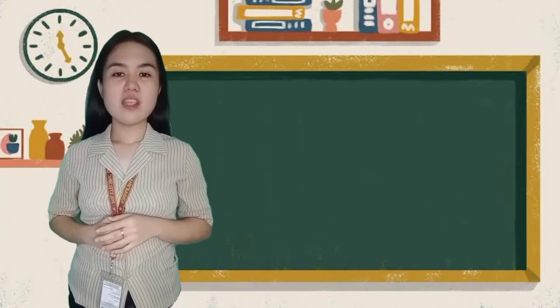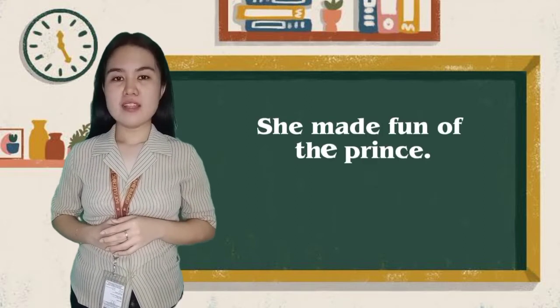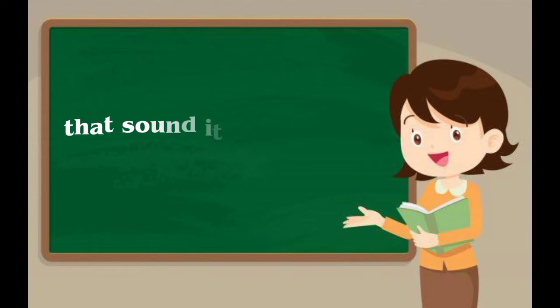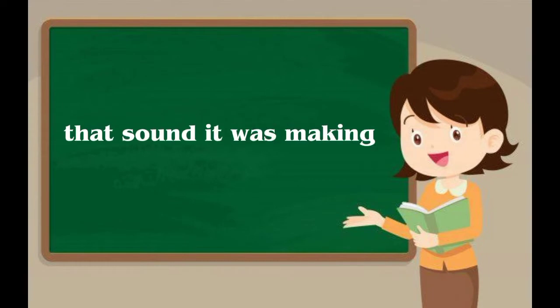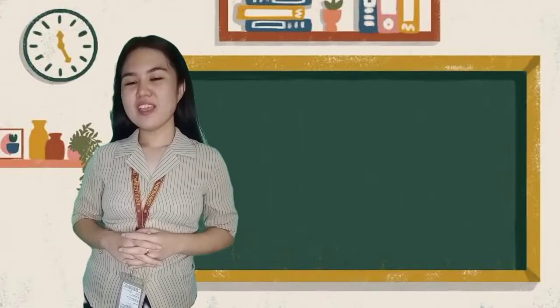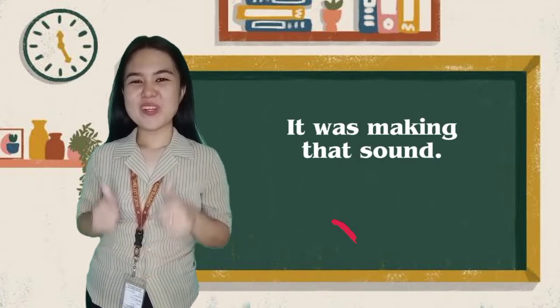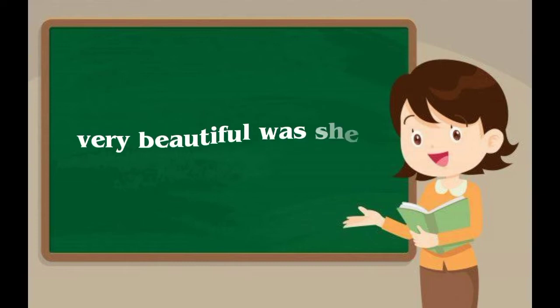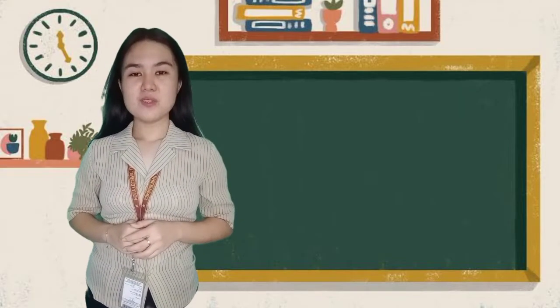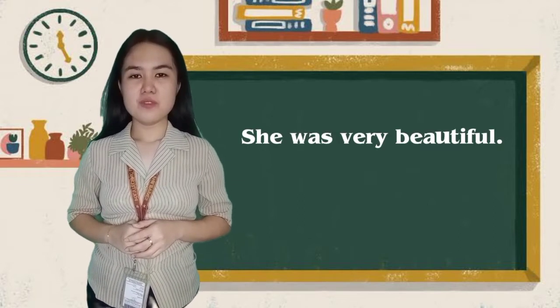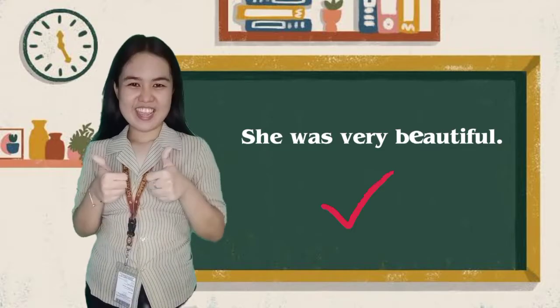If your answer is she made fun of the prince, then you are correct. If your answer is it was making that sound, then you are correct. If your answer to the last jumbled phrase is she was very beautiful, then you are correct.